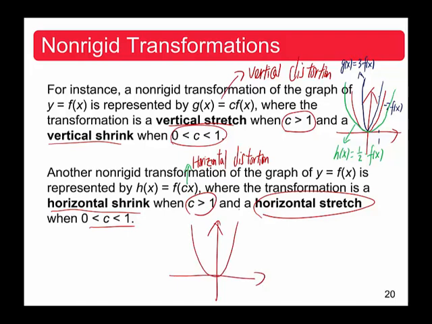Okay, and this is f of x. If now it becomes f of 2x, so let's say g of x equals f of 2x. So every time you have the same x value, now this x value becomes bigger. That means the graph will become this.